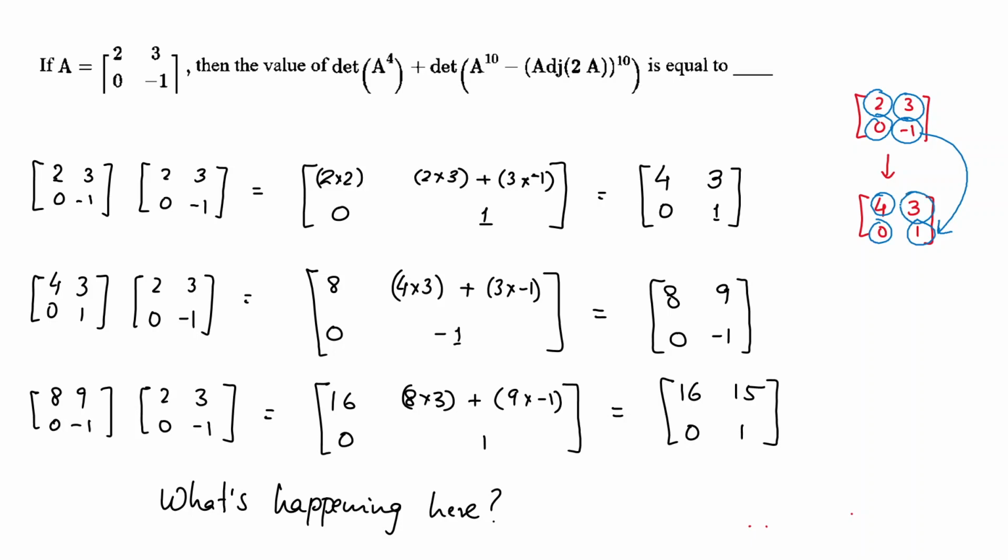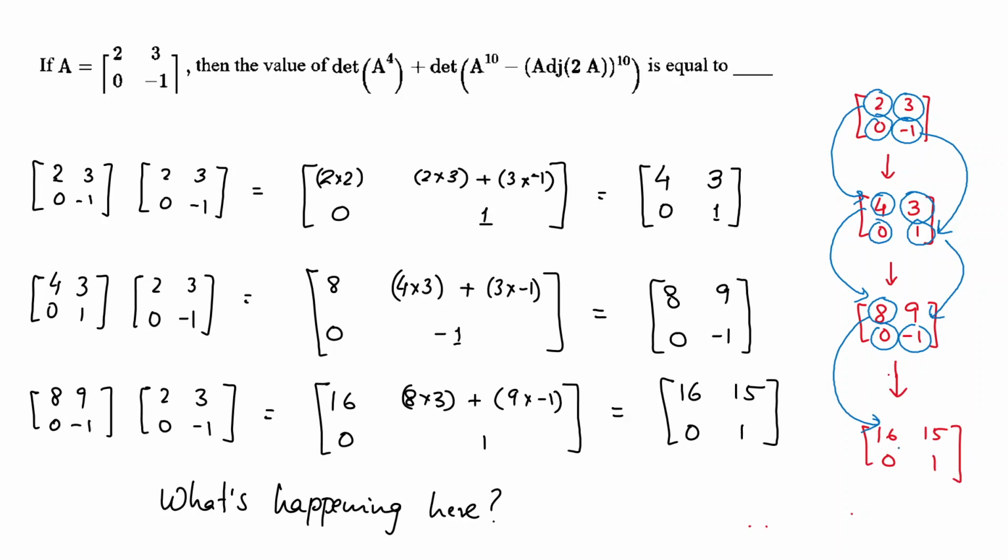When you multiply it again, you have 8 here. This doubling is very clear. 0, -1, but what happened here? This is 9. Next time 8 became 16, this is 0, this is now -1 to +1, but what happened here? This is 16.